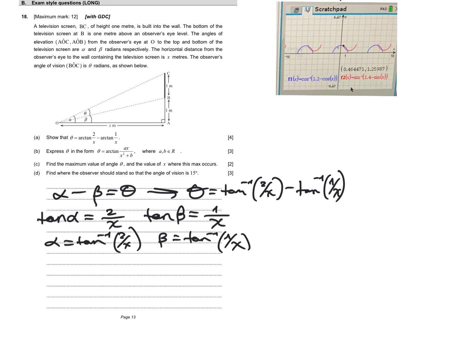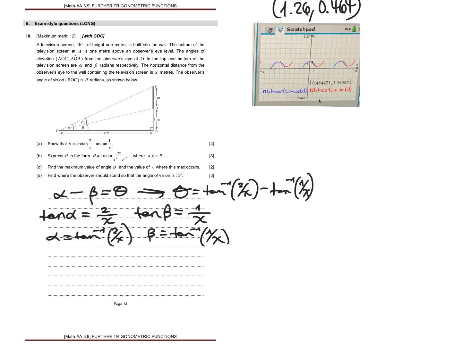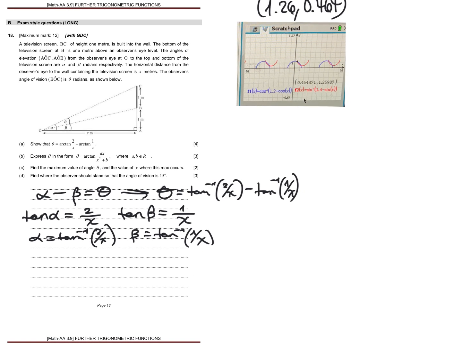Okay, express theta in that form. Theta equals that. So automatically I'm thinking that we need to do tan theta, because we have to eventually take the arctan after a while.